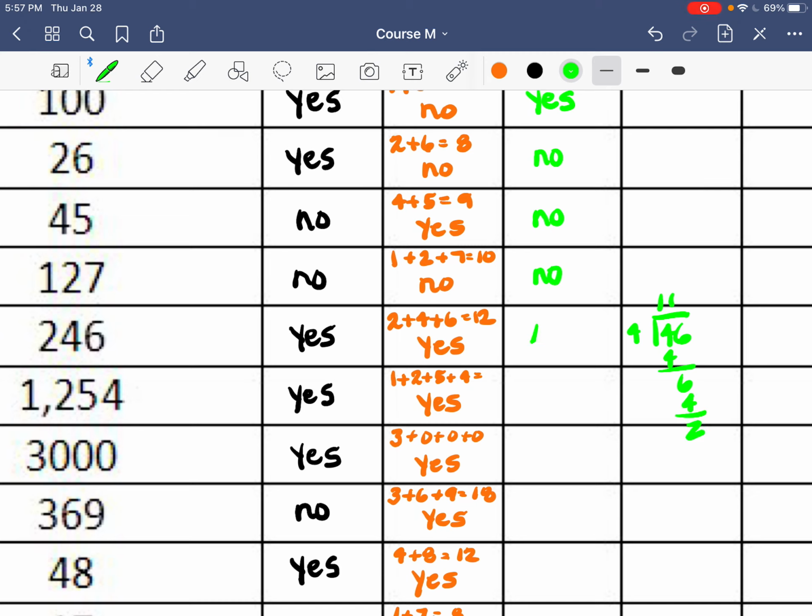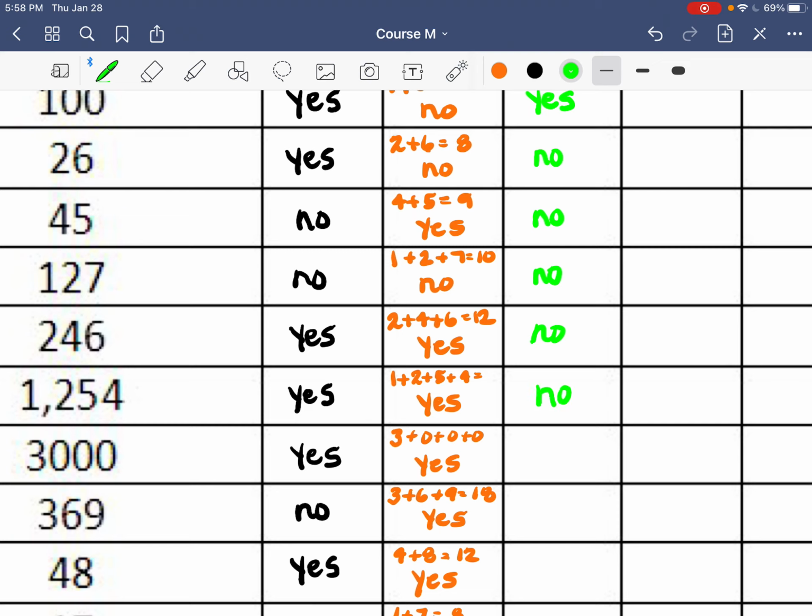So this one is a no for the 246. I'll be honest with you, I don't use the divisibility by 4 very often. It's almost more of a hassle to me than it's worth. I would rather just divide out the thing and see, but that's just me. 54 divided by 4. That one is not going to go evenly.